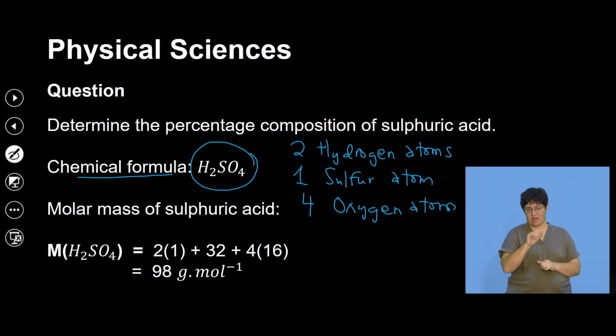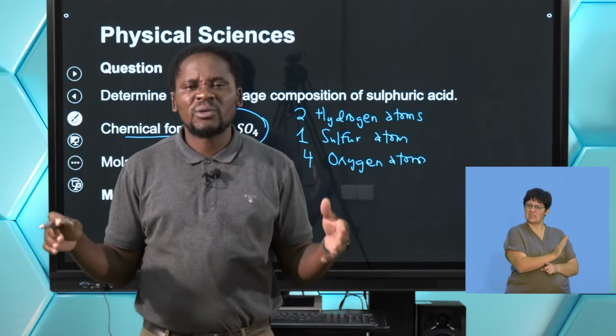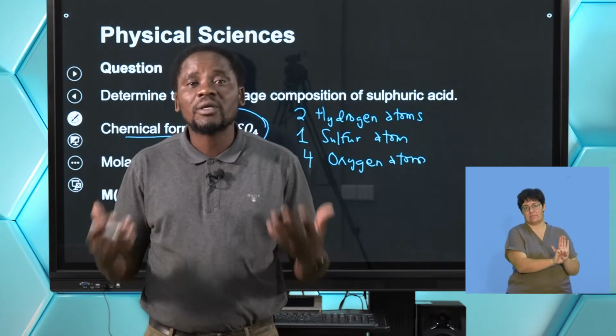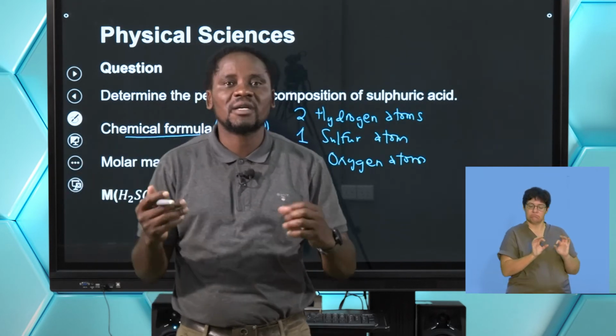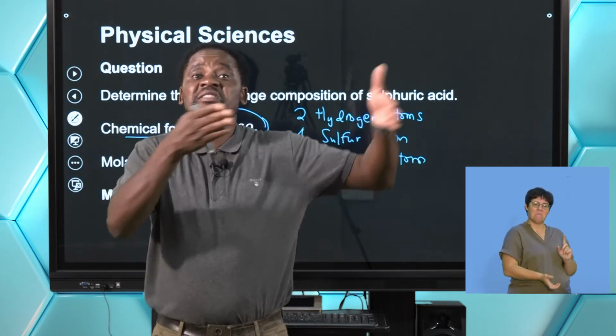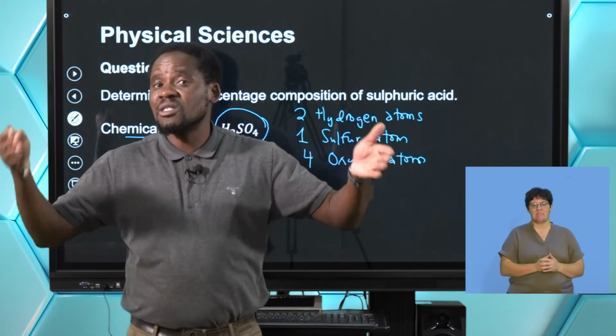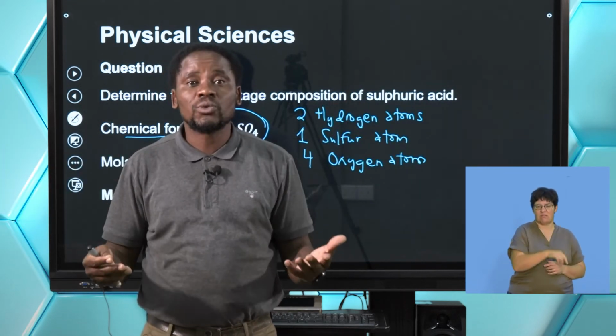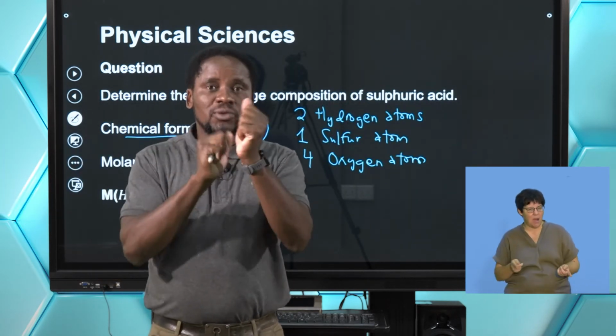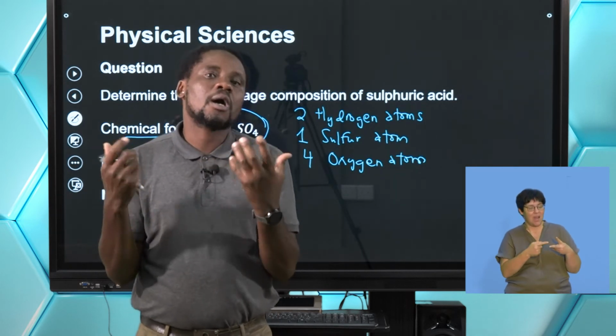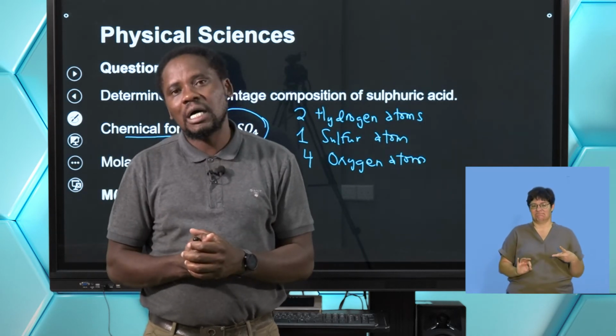So in the first segment, we managed to look at some of the examples of how exactly we arrive at the correct chemical formula of a given substance, given the name, given the cations and the anions. Now we are able to put those two together so that we come up with the correct chemical formula.